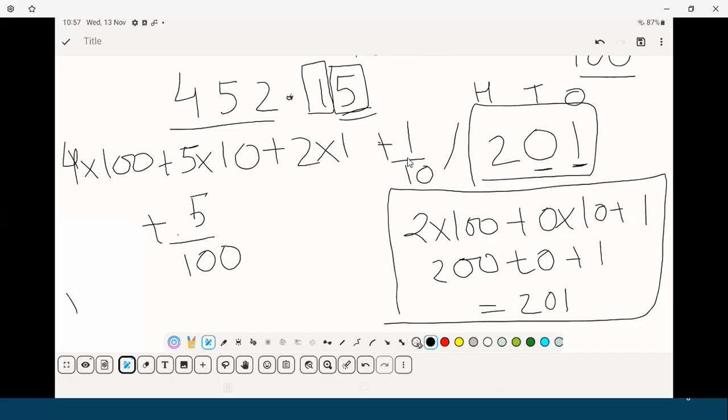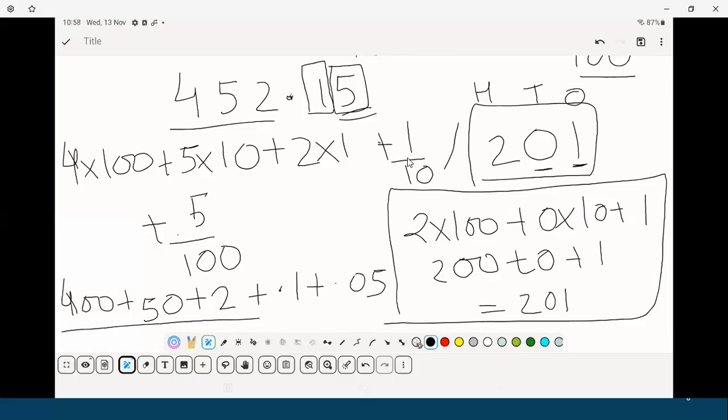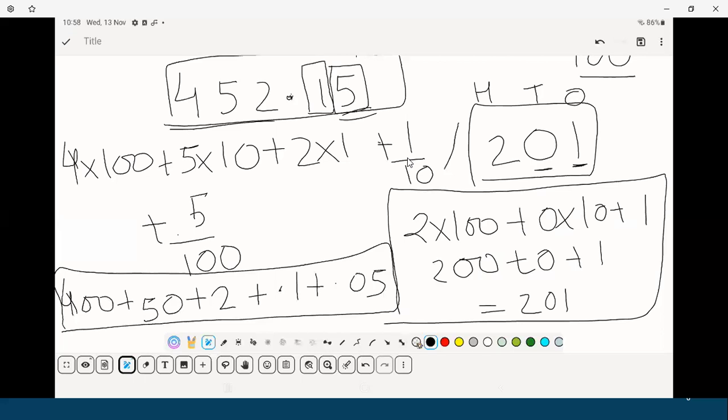Simply 400 plus 50 plus 2 plus 0.1 plus 0.05. If we add all these numbers, we get the given number. So this is called the expanded form. I hope this is clear.